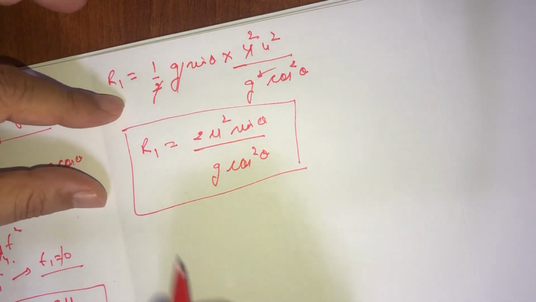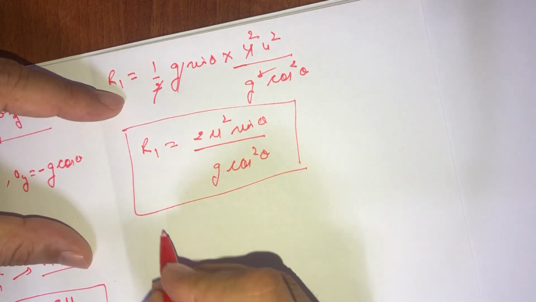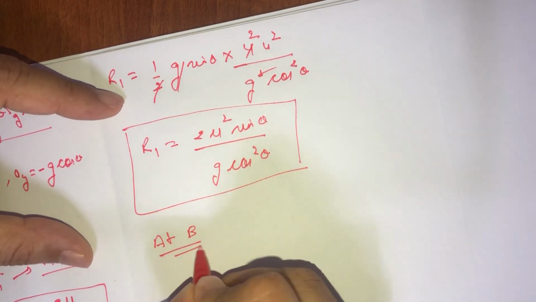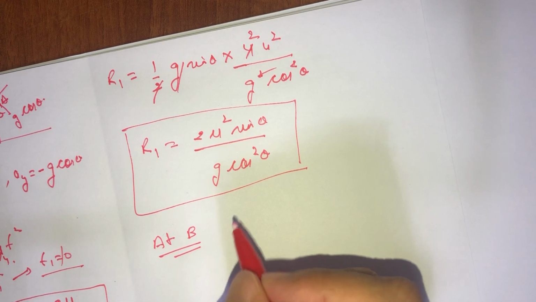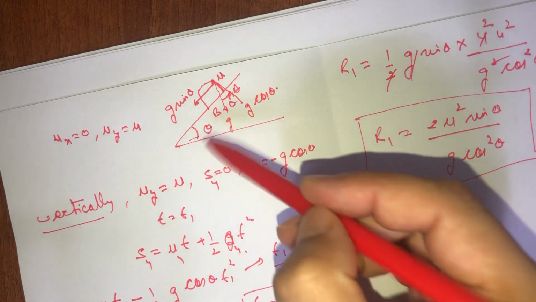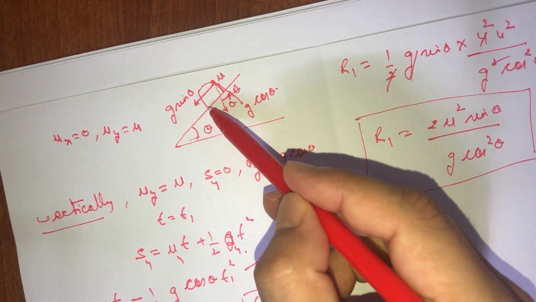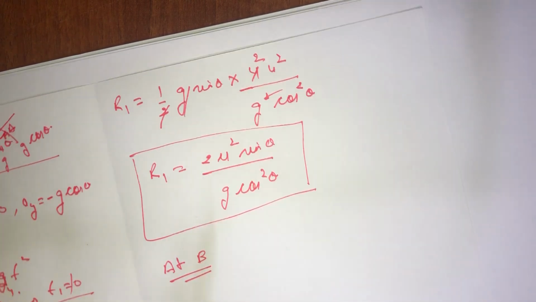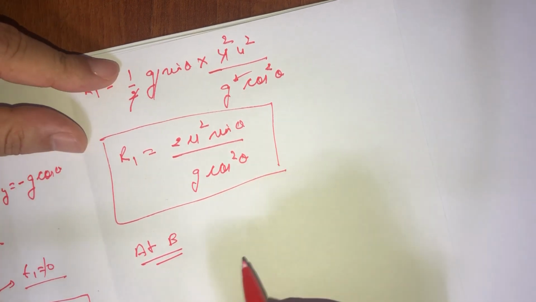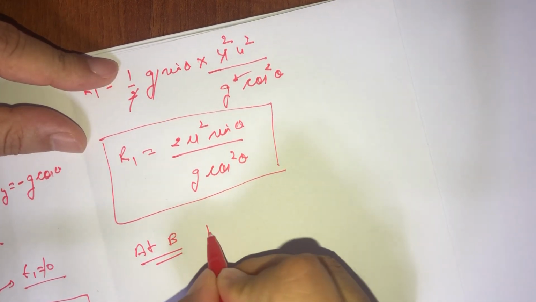Now we come to point B. At B we are going to find the velocity, which has two components, one vertical and another horizontal. So we are going to find both components at point B. Let us first find the horizontal velocity.